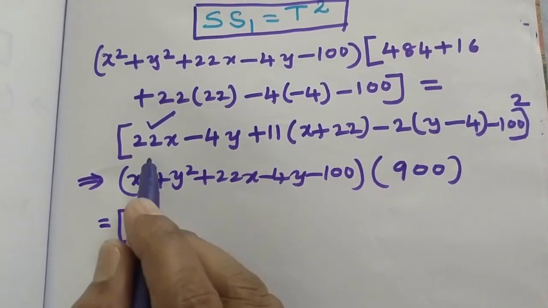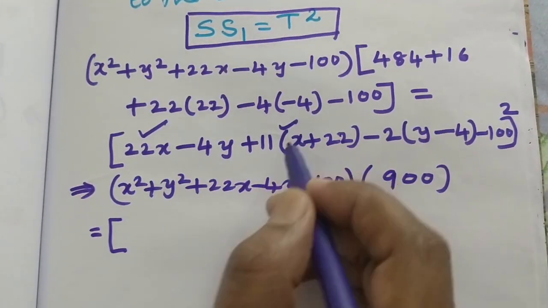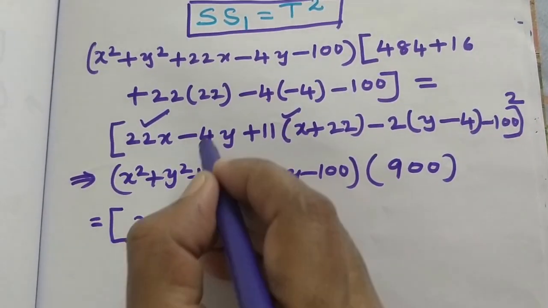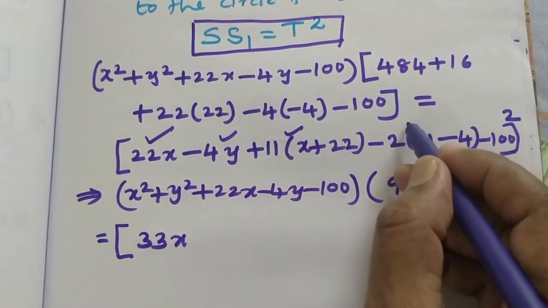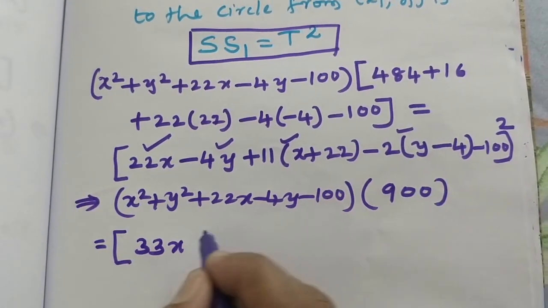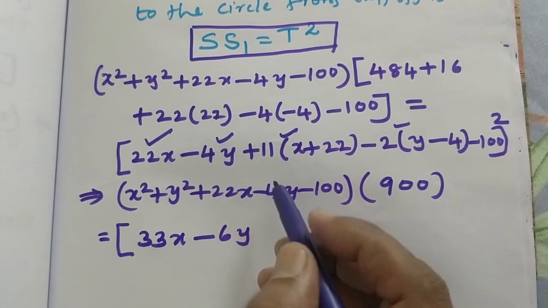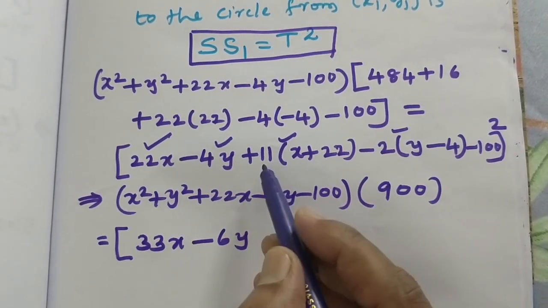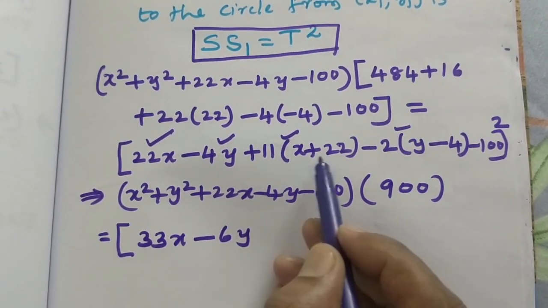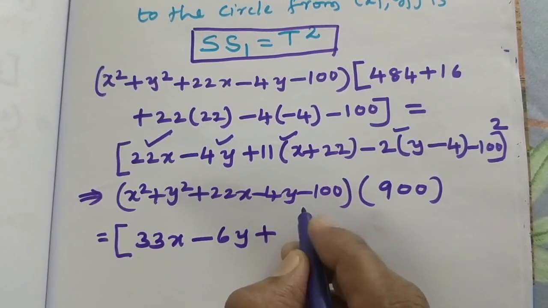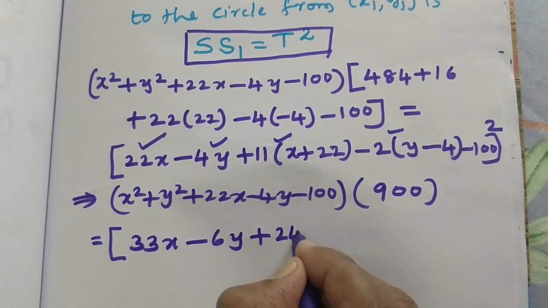22x plus this 11x gives you 33x, and this is minus 4y, and here you have the minus 2y. Total how much? Minus 6y, and the number is 11 into 22, that is 11 2s are 22, 242, right?